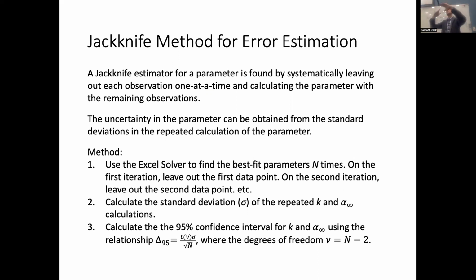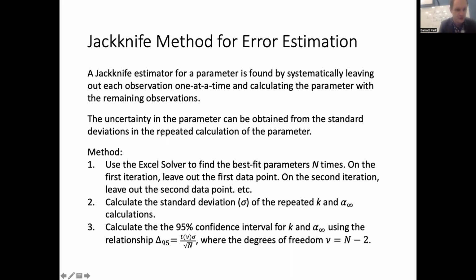Then you repeat the process, but you leave out the third data point. And then for each of the n data points, you're going to get a different set of best fit parameters. And you can obtain the uncertainty by analyzing the deviations in those parameters. So the uncertainty in the parameter can be obtained from the standard deviation of the repeated calculations of the parameters using the Jackknife method.